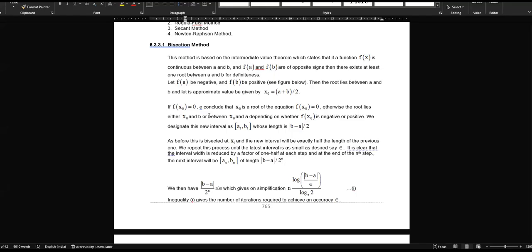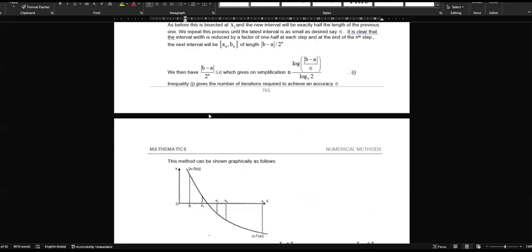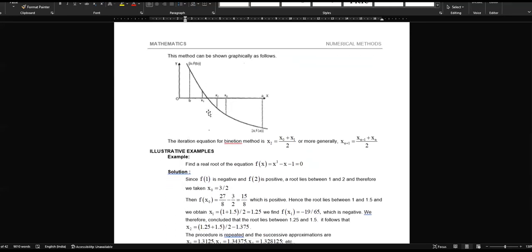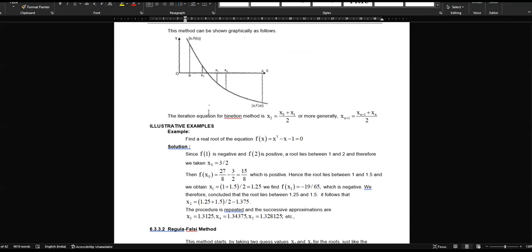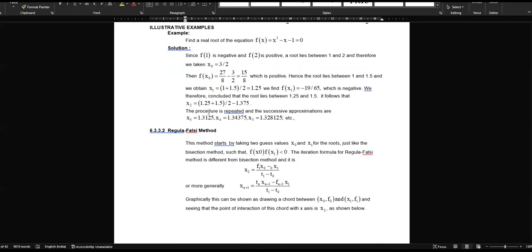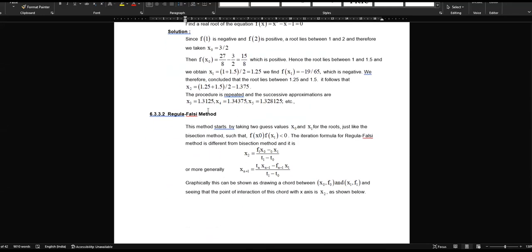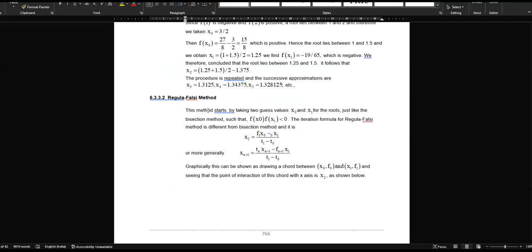Next, in the bisection method, we go half by half. But in the next method, which we call the regula falsi method, we use a different technique.